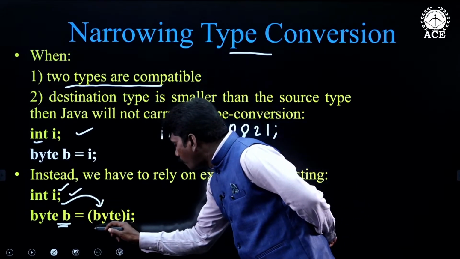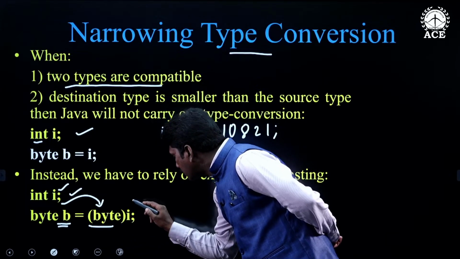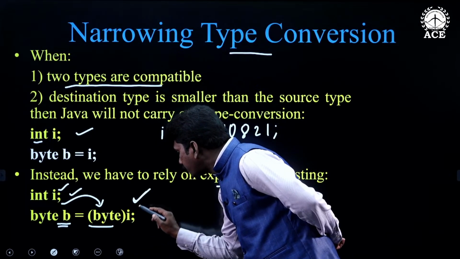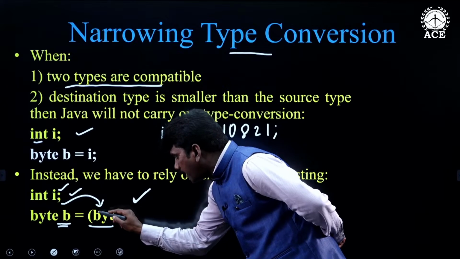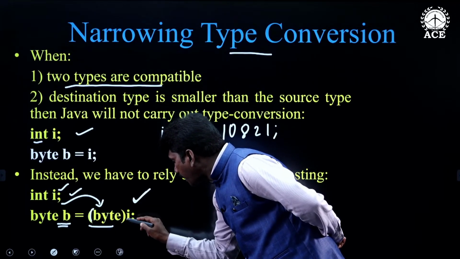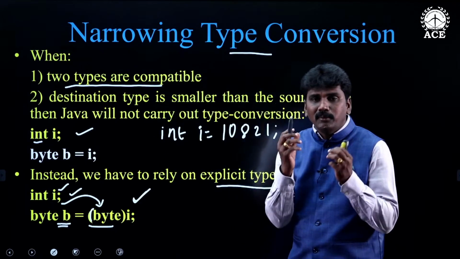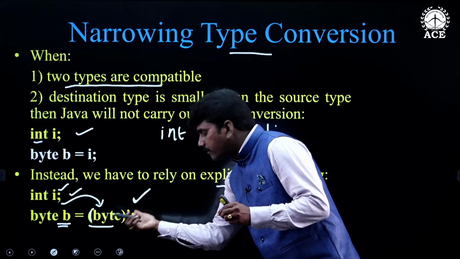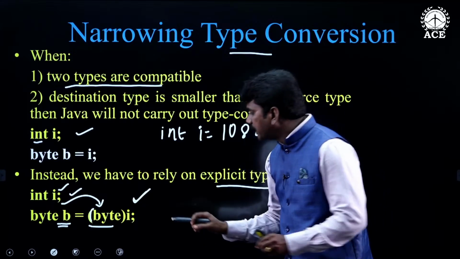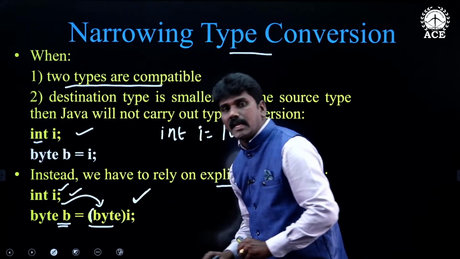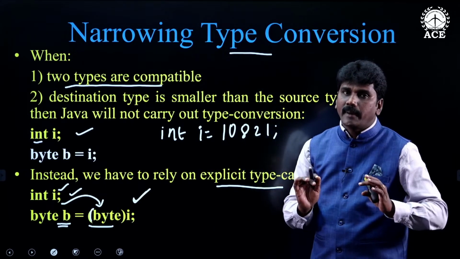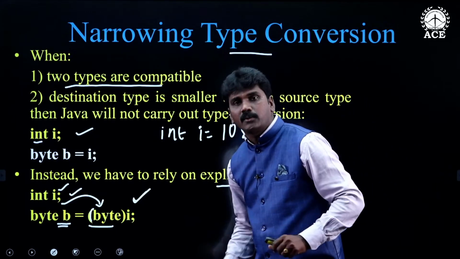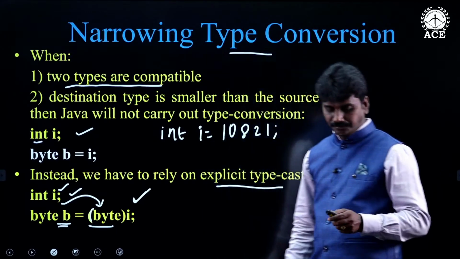In that case, we are going to convert this I into byte type. So for applying the typecasting, we have to specify to which data type you would like to convert the existing one. That can be kept inside the left and right parentheses, and inside that we have to write the data type.